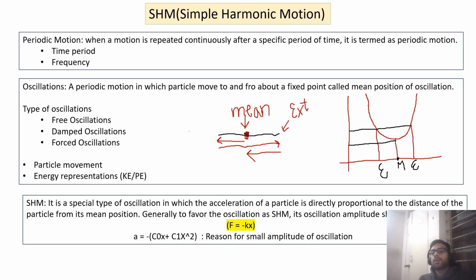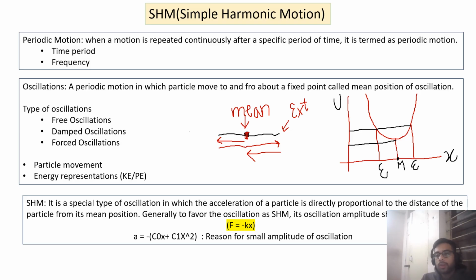So see that this is a graph of potential energy, which is represented by the symbol U, and this is the location X. Now the particle is there at the mean position. It is undergoing oscillation about this point.